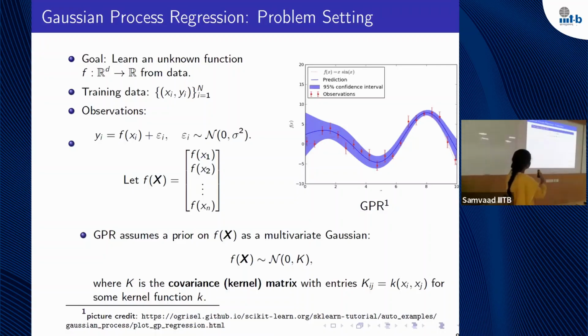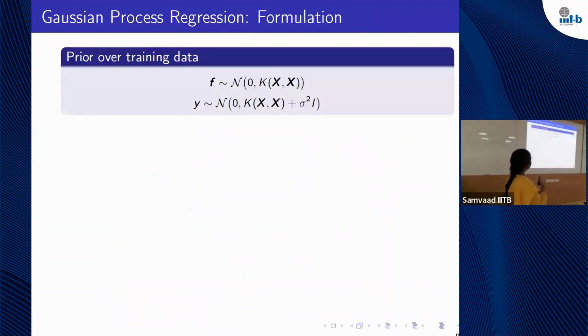So let's summarize what we have till now. I have a prior over the training data, that is, f is considered to be coming from a Gaussian with zero mean and covariance matrix. So K of X comma X means that I'm evaluating a covariance matrix of size n cross n, where n is the number of training points I have.